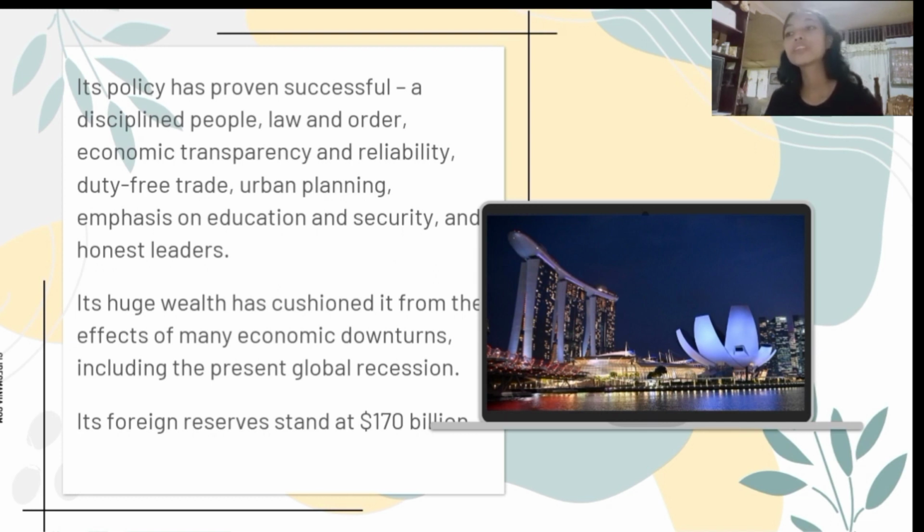Because of this, Singapore had a huge wealth, which cushioned it from the effects of many economic downturns, including the present global recession, and its foreign reserves stand at $170 billion. Because of its rich economy and high foreign reserves, it is less affected by the global decline of economic output.